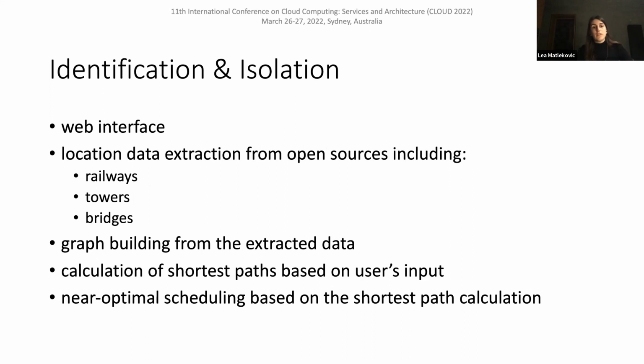After we extracted the data, another process was to build a graph from it, because on the graph we can search for shortest paths and schedule a near optimal order of drones visiting the infrastructure targets.